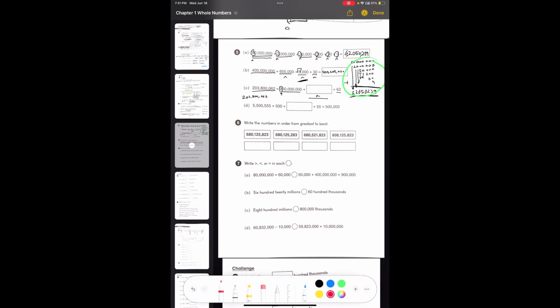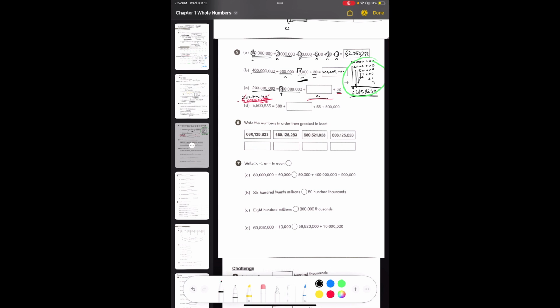So we go to our place, 200 million, that's a 2 here, cross that out. Skip this, because we don't know what's there yet. It's blank, right, what are you going to put there? So we have 62, and this is in like the tens place. So we find 62 here, we just cross that out. Because we could just subtract 200 million and 62 here, so that crosses out.